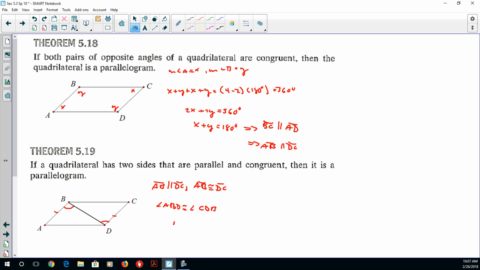I'm going to think of it the other way around, DB, because that's the reflexive property. So I have side, angle, side. Okay, so this gives me that triangle ABD is congruent to triangle CDB.